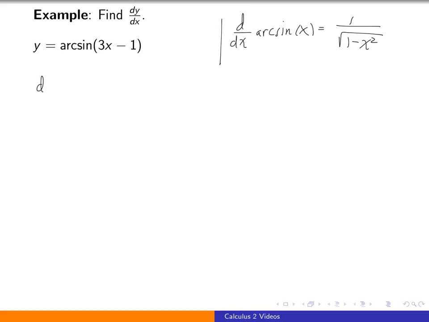So for dy dx, this is a composition. We have the outside function arcsine, the inside function 3x minus 1. The chain rule tells us we take the derivative of the outside function, 1 over the square root of 1 minus something squared, we evaluate this at the inside function, and then we multiply it by the derivative of the inside function, 3.